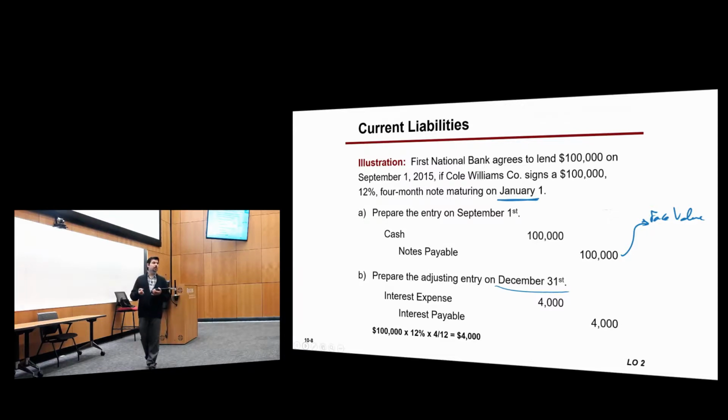That's also a current liability. Okay, the amount of interest is always calculated in the same way. You multiply face value by the annual rate and then the partial year.